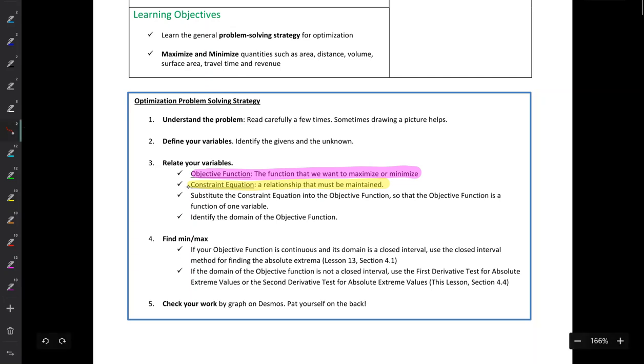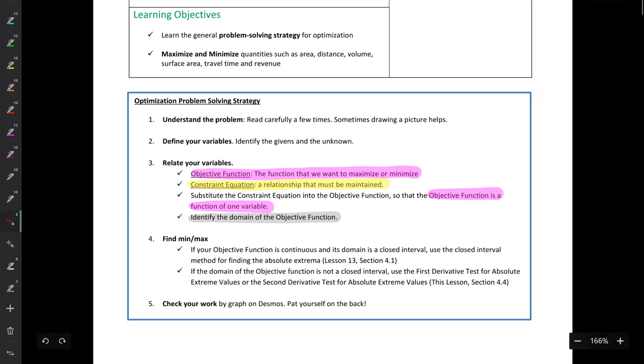And so then you're going to use that constraint equation and substitute it into your objective function. So your objective function is a function of just one variable. If it is appropriate, not always the case, but if it's appropriate, identify the domain of that objective function, you want to try to go ahead and do so.